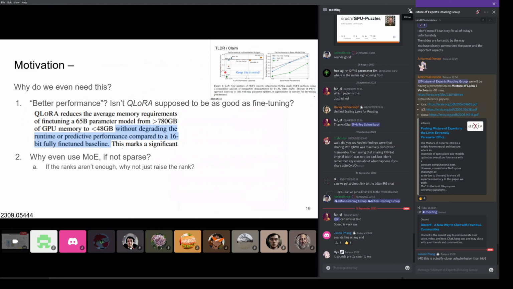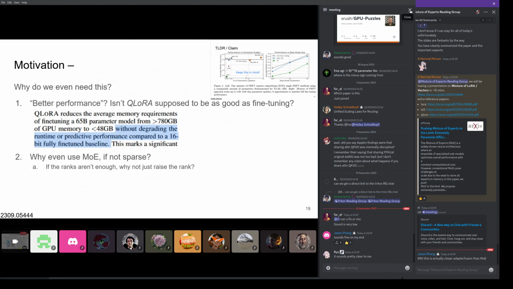And the claim of this Cohere paper is that that's obviously not true, because low rank adapters are not working well on their task, on their model, on their dataset. So this is a big question. And the next big question is: why are you even using mixture of experts if you're not making use of the sparsity that is typically involved in large mixture of experts models?